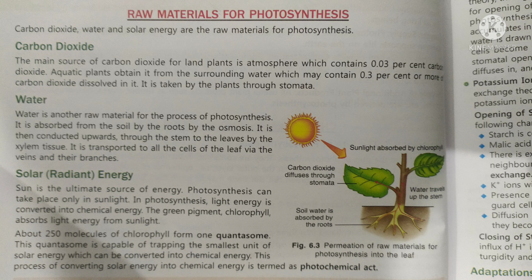Now dear students, let us know about the raw materials for photosynthesis. You know that during the process of photosynthesis, the plants need carbon dioxide, and this carbon dioxide is available to the plants through the atmosphere. It is taken in by the plants through stomata.